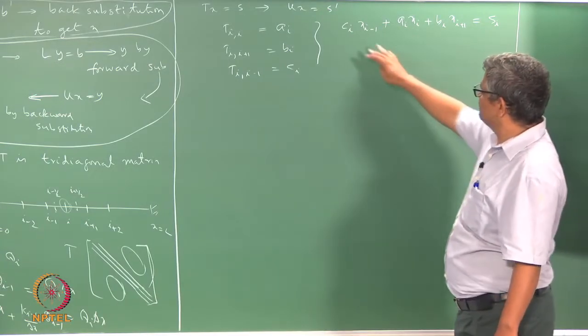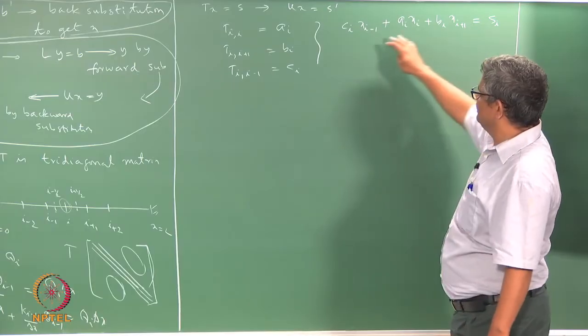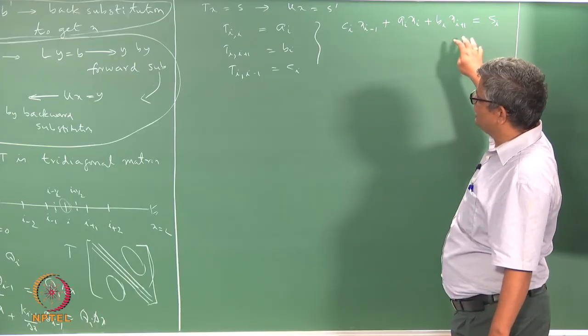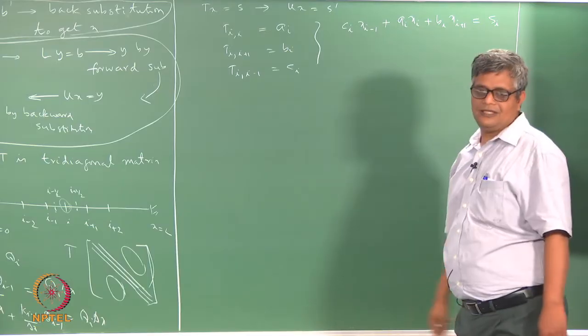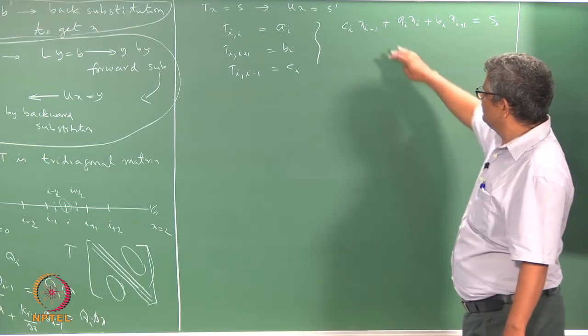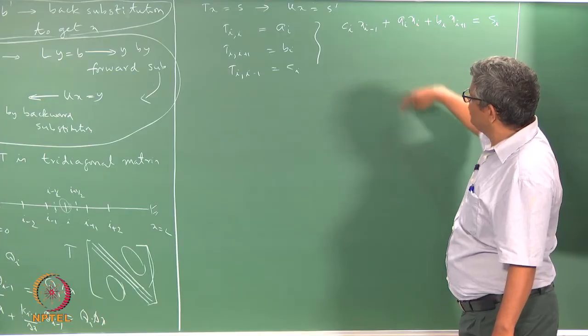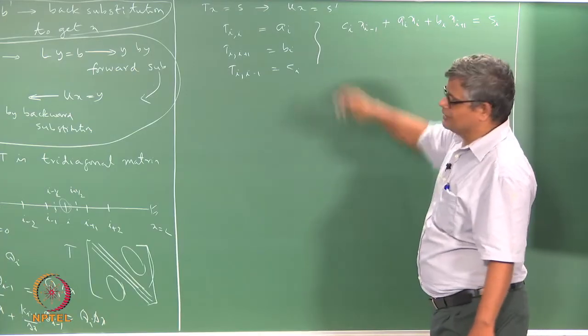Okay. So, this represents a tridiagonal equation, a linear algebraic equation involving 3 adjacent neighbors, and when you go for all values of phi you get this type of form.